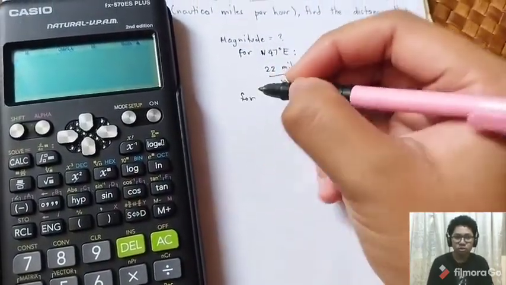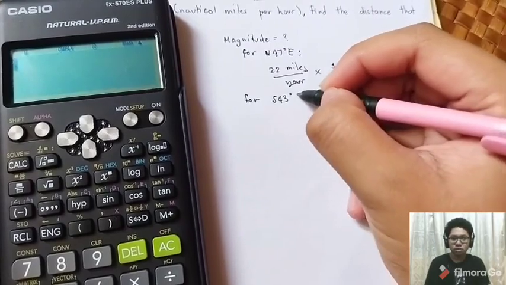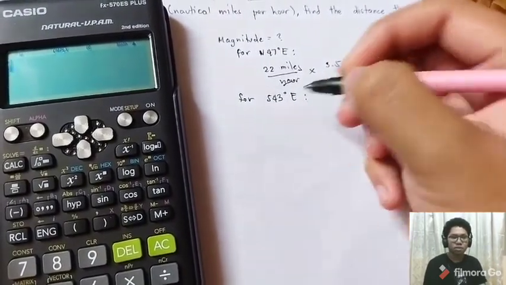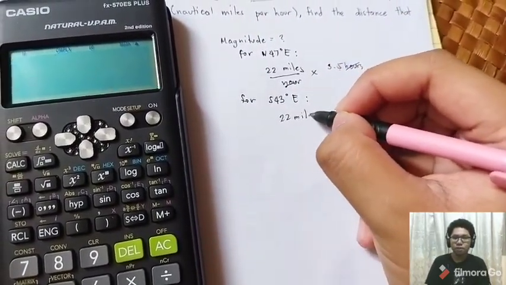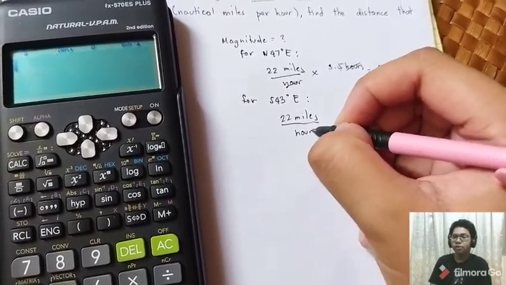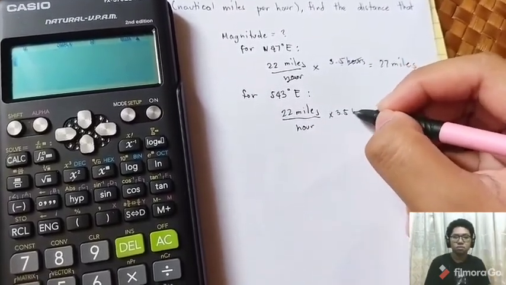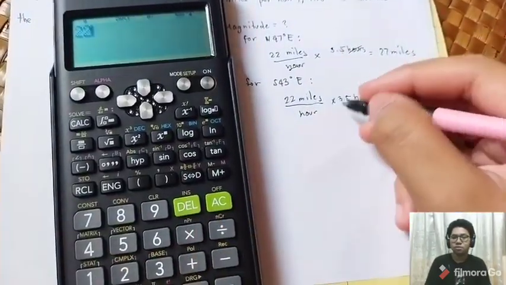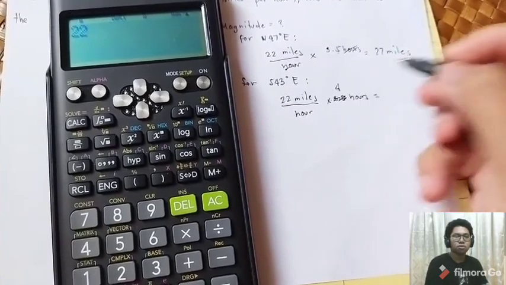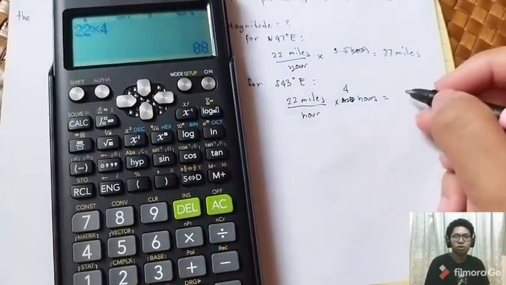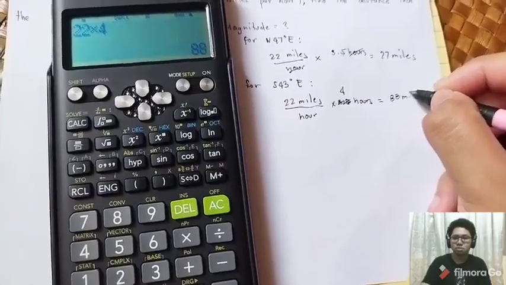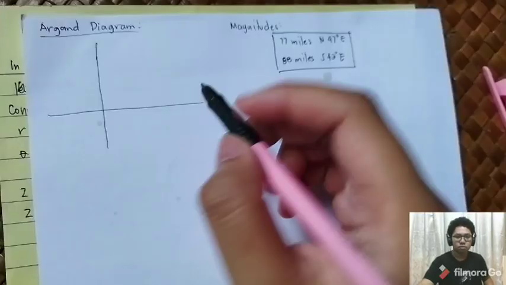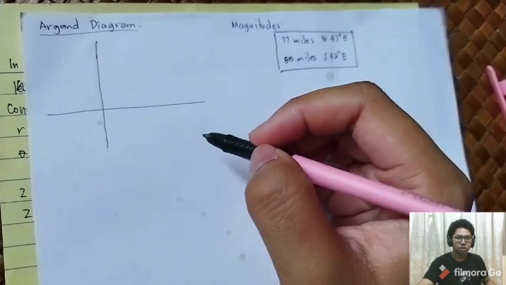And for the direction of south 43 degrees east, that is 22 miles per hour times 4 hours. So 22 times 4 is equal to 88 miles. Now that we have the magnitude, we can place the direction with a magnitude on the Argand diagram.